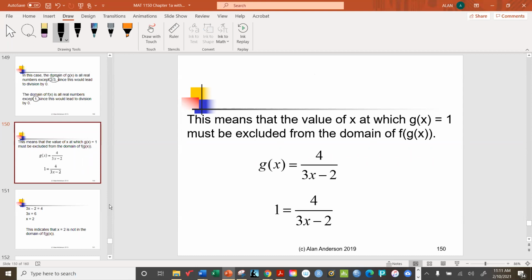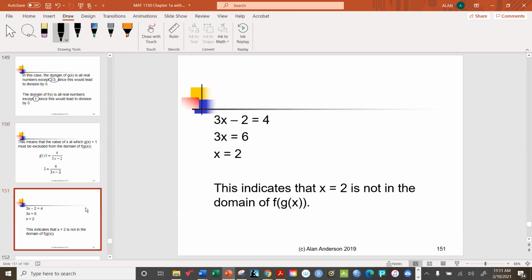So we're going to set this equal to 1 and solve for where x causes this to happen. So we're going to solve for this, and we end up with 2.